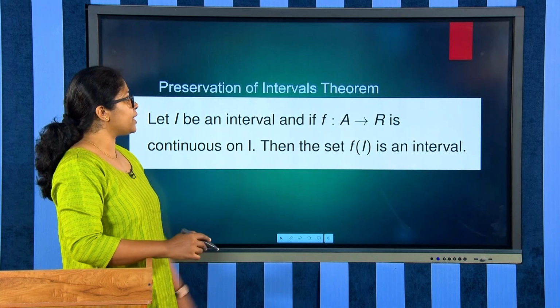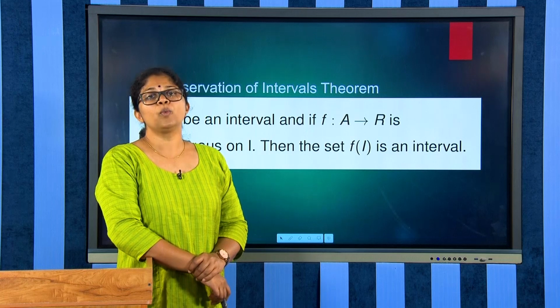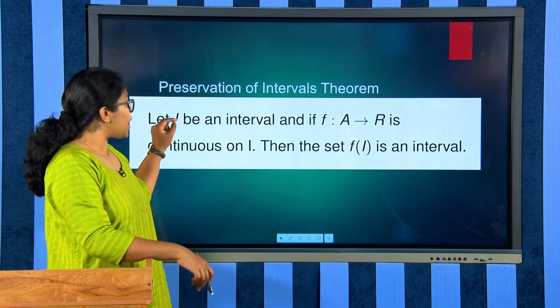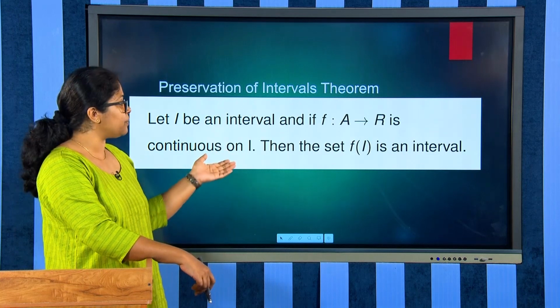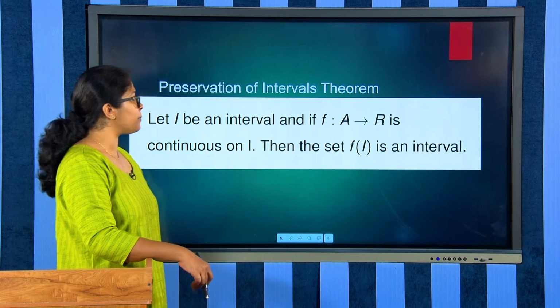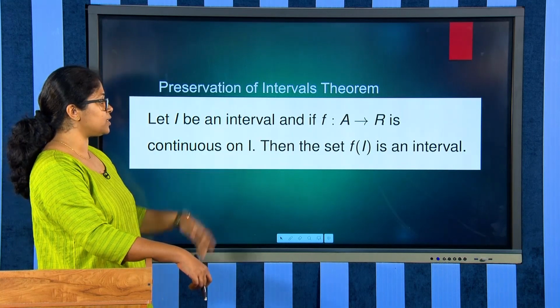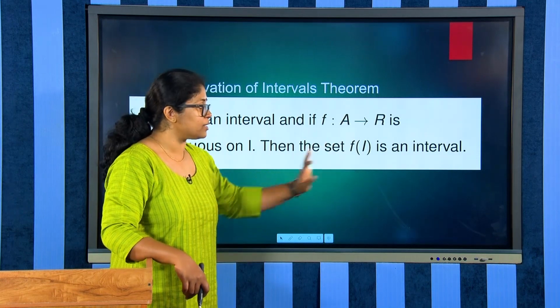And the last result that we have is what is called the preservation of intervals theorem, which states that if I is an interval, it need not be a closed bounded interval as in the previous case, it can be any interval, and if f is a function from I to R that is continuous on this interval I, then definitely the set f of I is an interval.